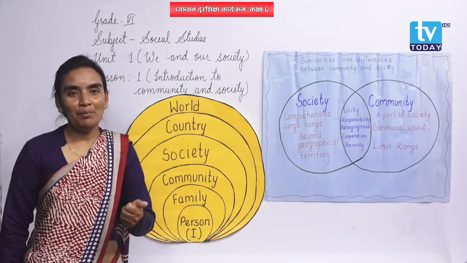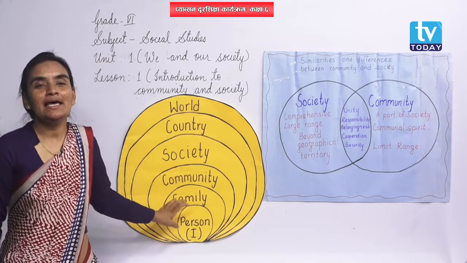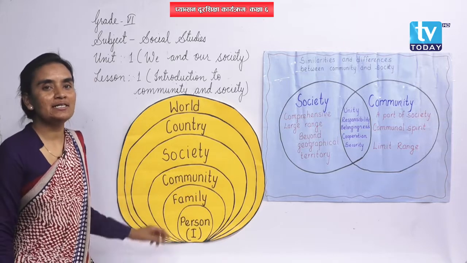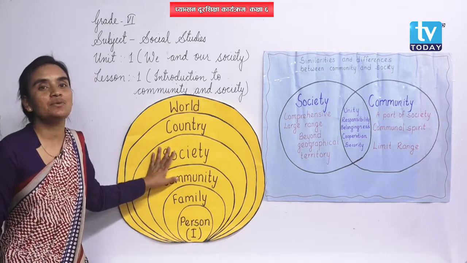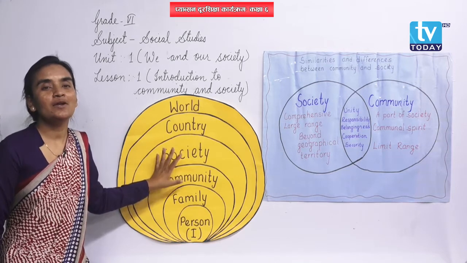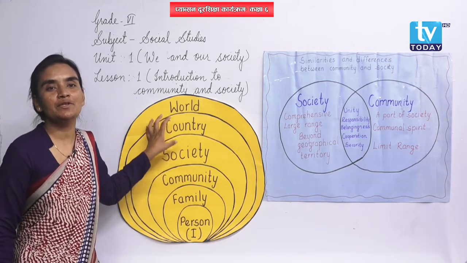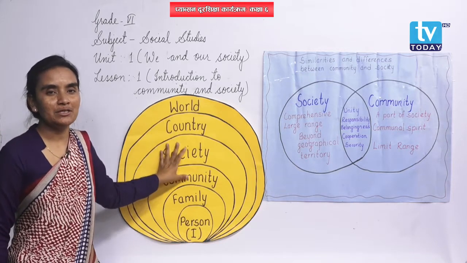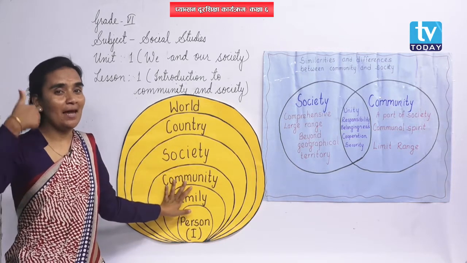It's memory test, and then in the second phase, we went for the discussion of this concentric circle and what are the different units of the world, or the different units of human life that we try to generate in our mind.